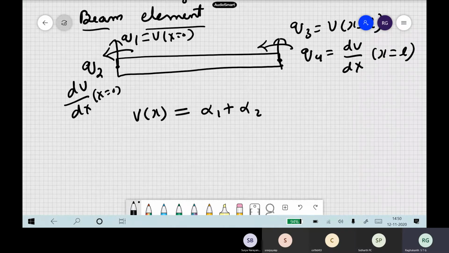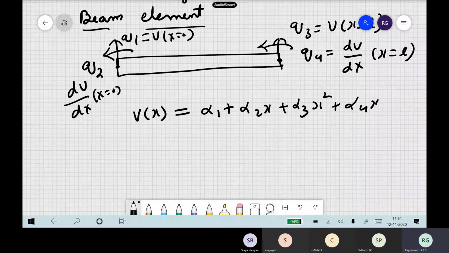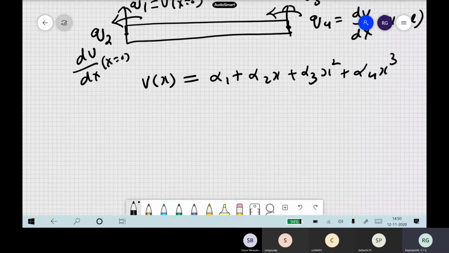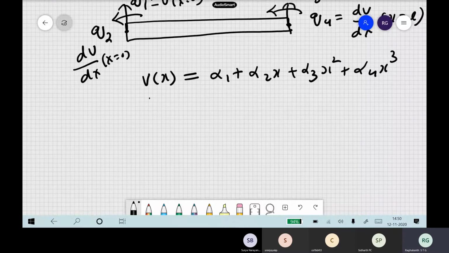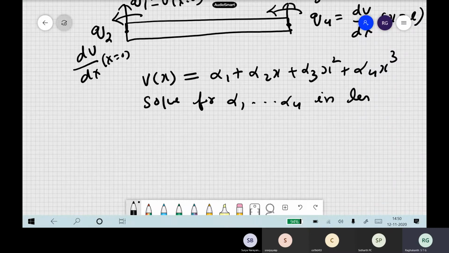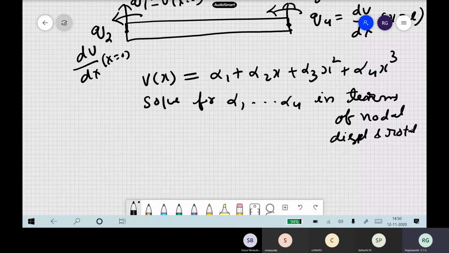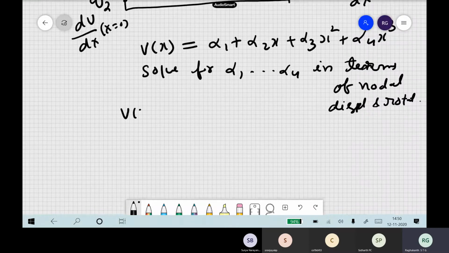This is how we write it. There are 4 unknowns and 4 equations, so you substitute and solve for alpha 1, alpha 2 up to alpha 4 in terms of the nodal displacements and rotations. Then you can calculate the shape functions. So we can write v of x as N, the shape function matrix, multiplied by q.